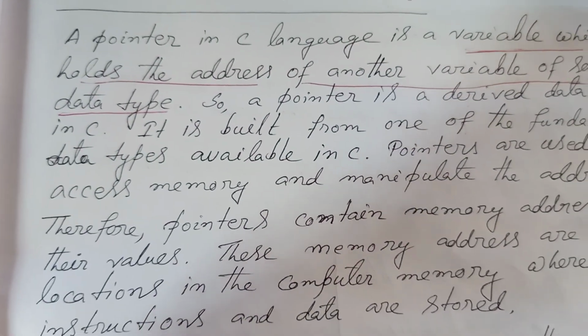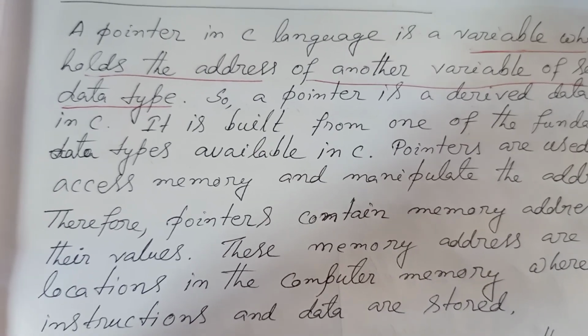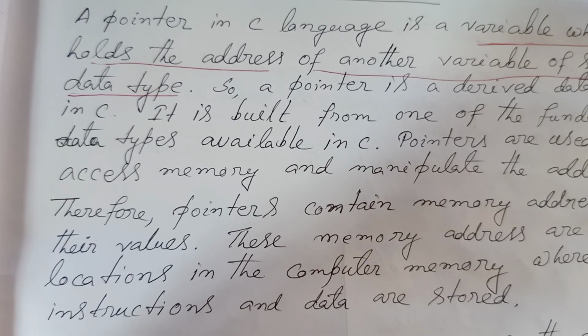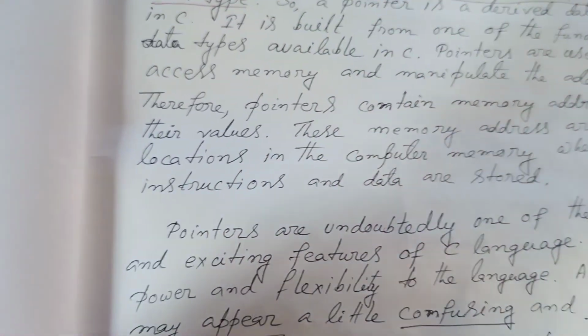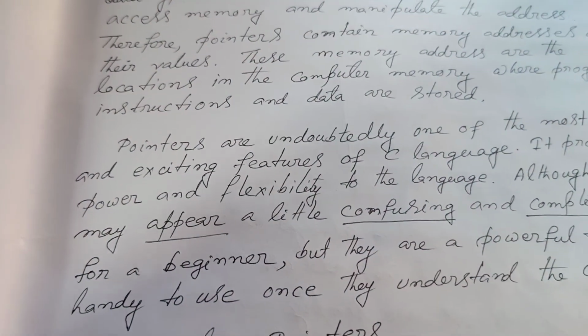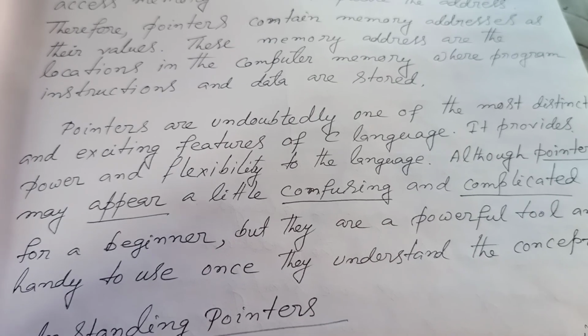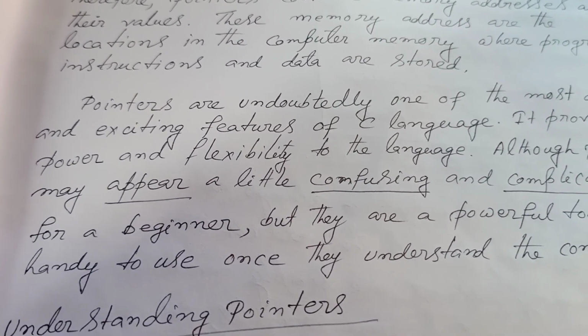So a pointer stores the address of another variable where that variable stores its value. Okay. So pointers are undoubtedly one of the most distinct and exciting features of the C language.